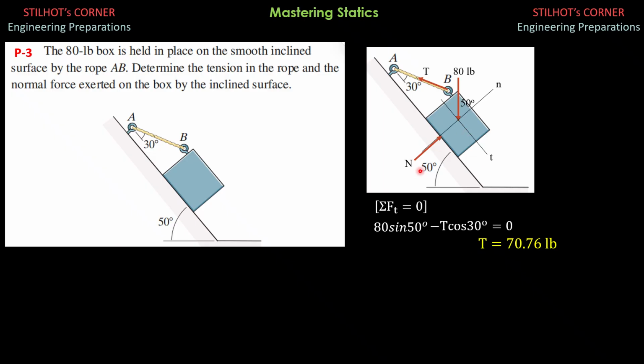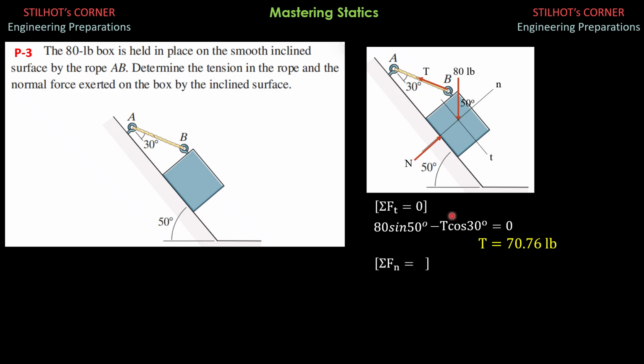Then for the normal reaction, summation of forces normal equals 0. So N, the component of the 80-pound force adjacent to 50 is in the negative direction, so minus 80 cosine 50. The component of T is also in the negative normal direction, and it is opposite of 30, so minus 70.76 sine of 30 degrees.